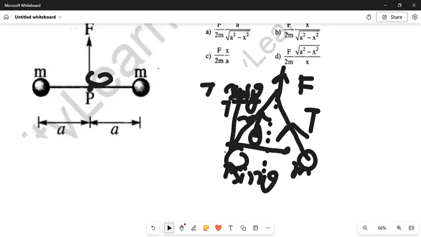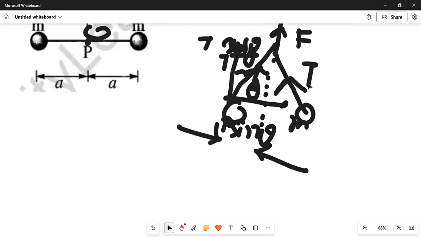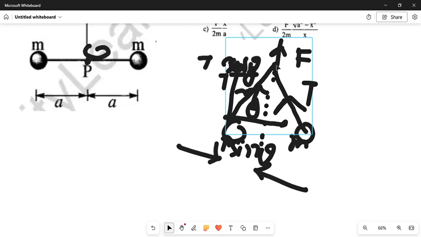We see that the horizontal components, T sin theta and T sin theta, are the same in magnitude and opposite in direction, so they cancel each other. Only the vertical components contribute here, and the net force at this point will be 0.